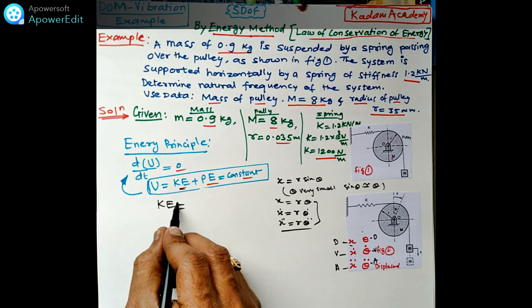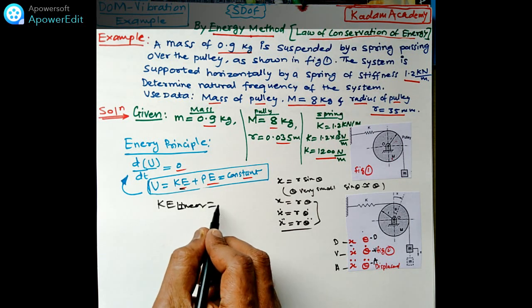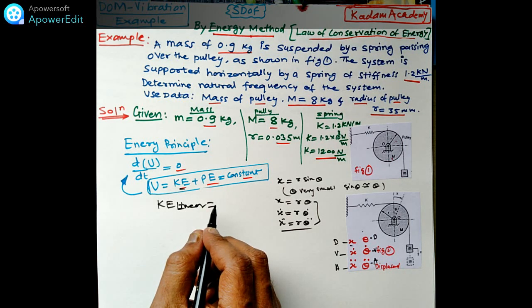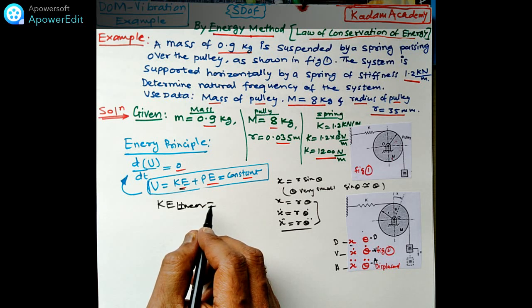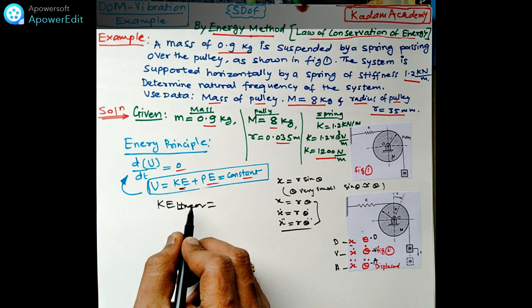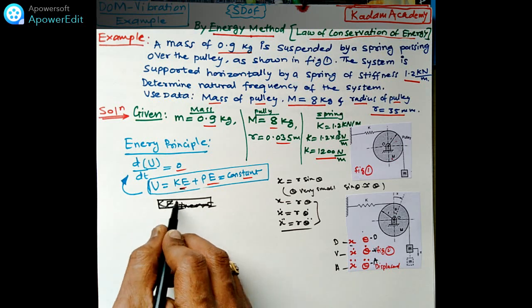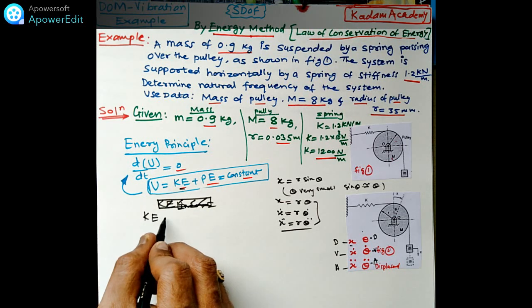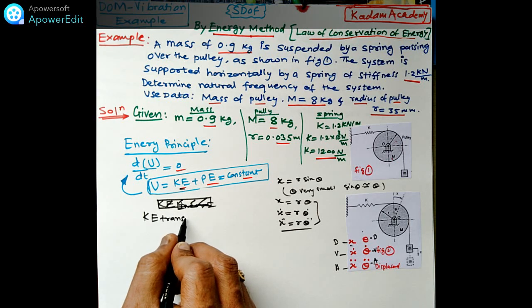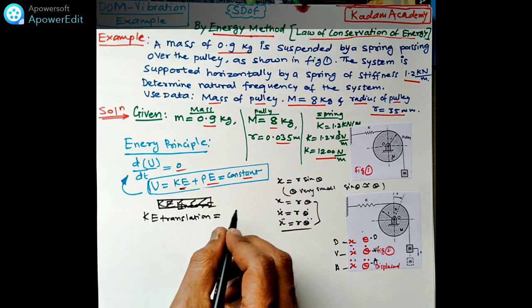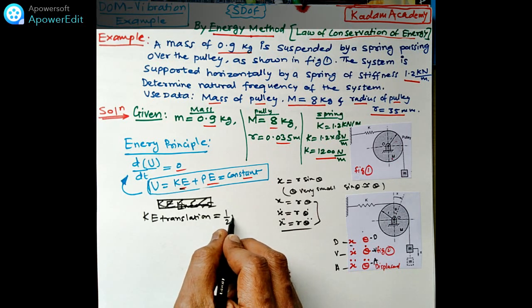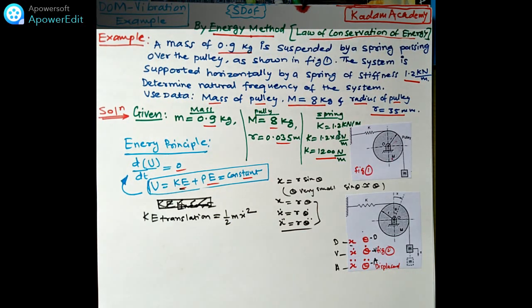So we have to find KE first in the linear direction, the KE in translation motion. How can we find it? Half m x dot square. This is the formula for the kinetic energy.